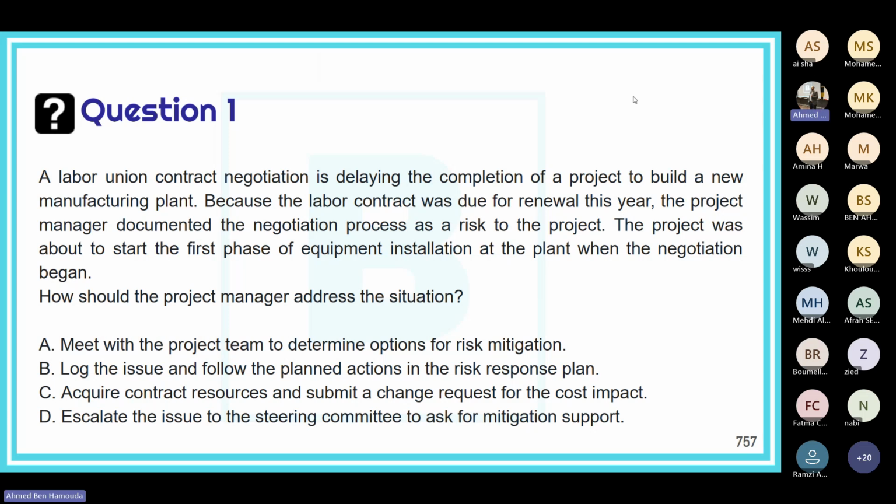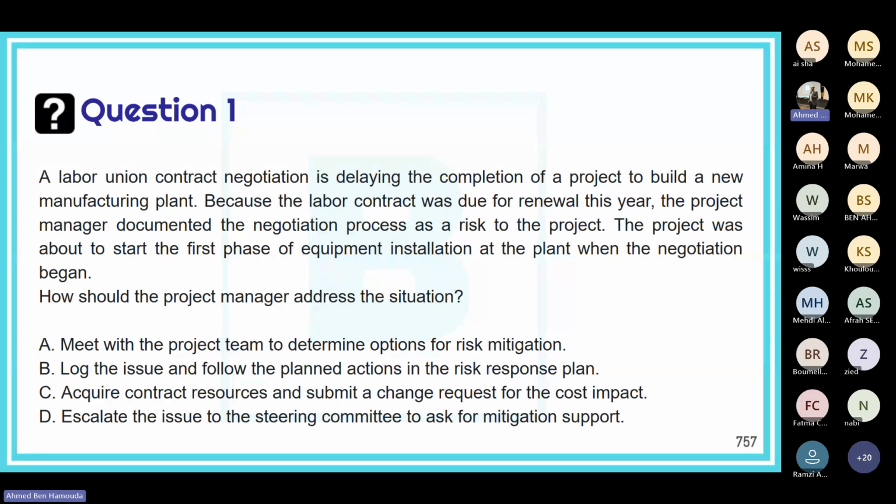A labor union contract negotiation is delaying the completion of a project to build a new manufacturing plant. Because the labor contract was due for renewal this year, the project manager documented the negotiation process as a risk to the project. The project was about to start the first phase of equipment installation at the plant when the negotiation began.